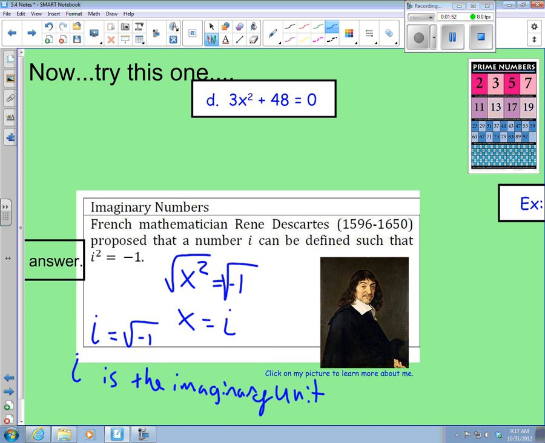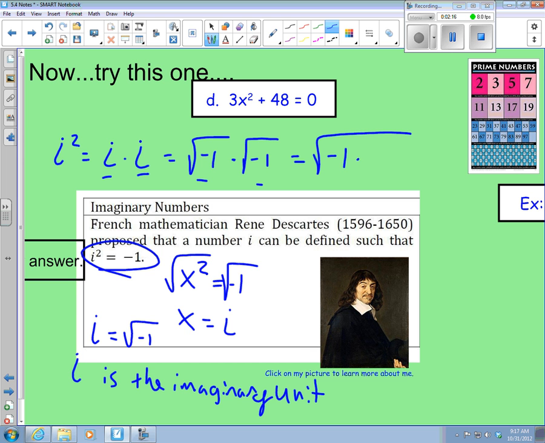Now they talk about i squared being equal to negative 1, because we're going to work a lot with i squared. And where does that come from? Well, i squared equals i times i. Well, what is i? i is equal to the square root of negative 1. So that's the square root of negative 1 times the square root of negative 1. There's your two i's right here and here. Well, we can put those together and say that's the square root of negative 1 times negative 1.